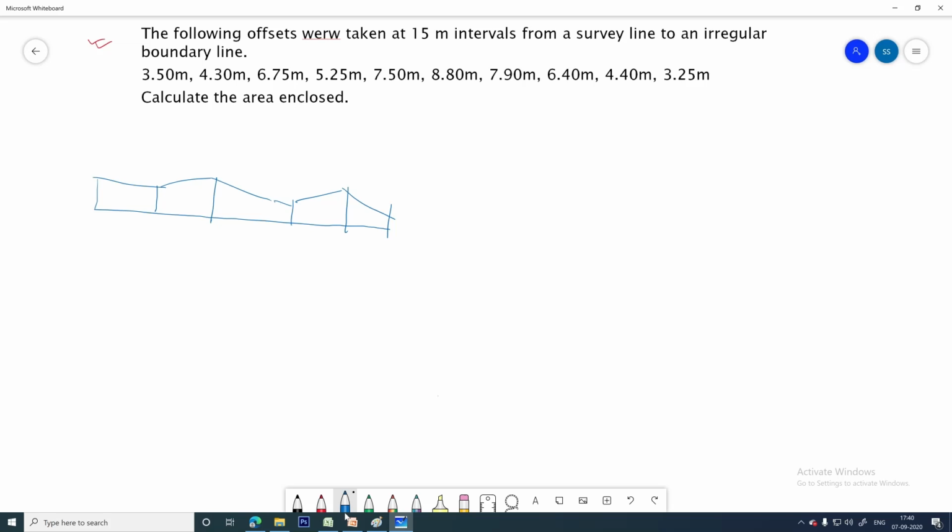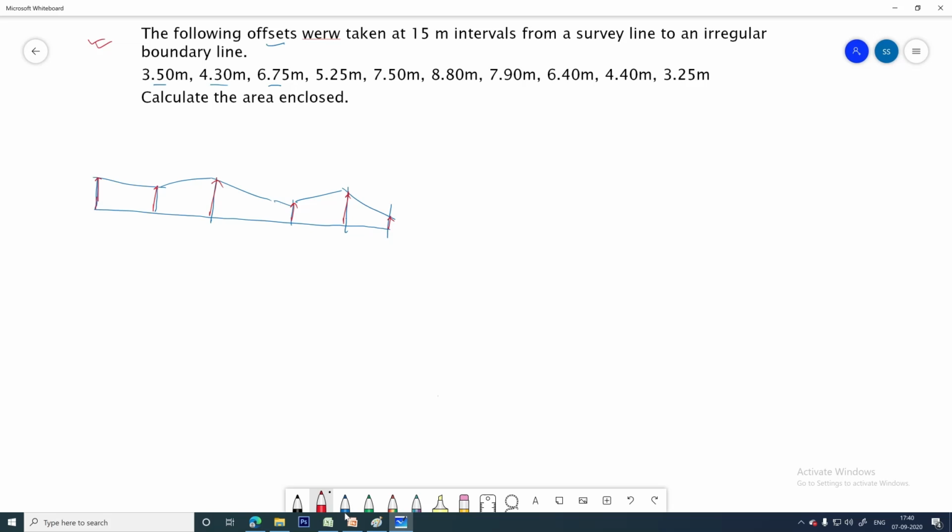So this is said in the first line. Now the values of the offsets are given. These are the values of the offsets. That means these distances are basically the offsets, and they are perpendicular offsets. As it is not mentioned over here, they are actually perpendicular offsets.